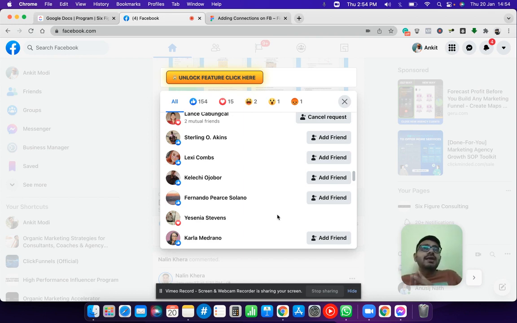Else it will take a really long time. You can't keep adding strangers, cold people, and wait for months and months to apply the 5C framework, right? Else you'll get really frustrated and it will not really work for you. And then you'll blame me or blame the system. But if you follow this, then trust me, it will not take a lot of time for you to find hot leads, right?